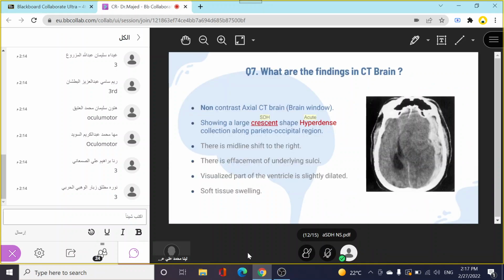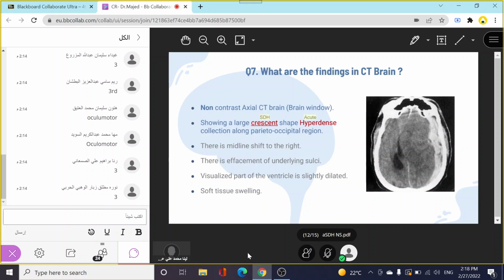So the seventh question is the finding of the CT scan. So as you can see in this CT scan, we should explain it in a radiologist's way. So we will begin with the type of the imaging. So this is a non-contrast axial CT scan brain window that shows a large crescent-shaped hyperdense collection along the occipital-parietal region.